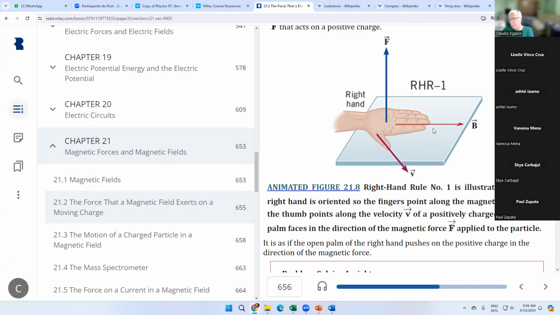Lay the thumb along the velocity vector. Lay the rest of the palm along the B field. And the magnetic force is going to be away from the palm of the hand. That's another way of using the right-hand rule, okay?